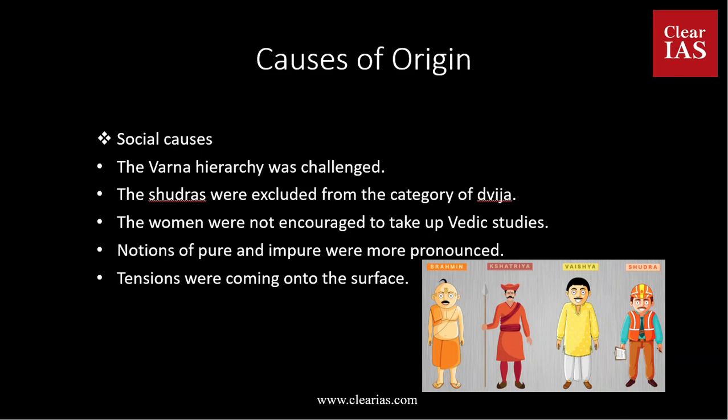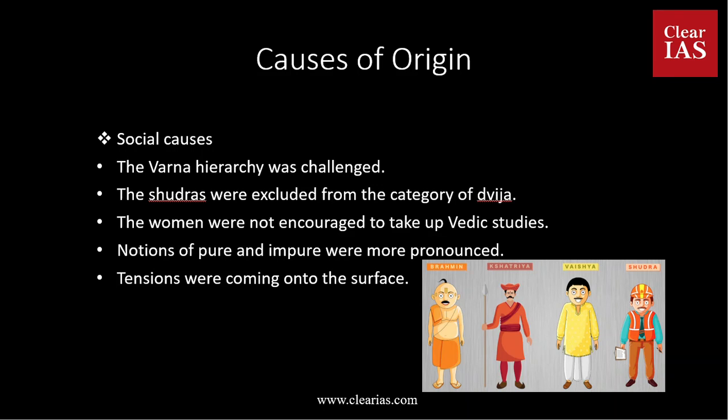So, the social causes, if we talk about, it is to be noticed that if you have seen the last lecture that we had on the later Vedic period, it is to be noted that in the later Vedic period, the Varna hierarchy gained prominence. The people of the later Vedic period were often put into categories, the four categories that were devised, and they were Brahmin, Kshatriya, Vaishya, and Shudra.